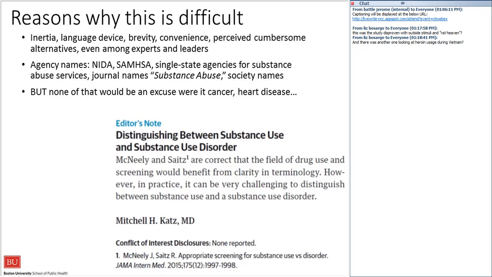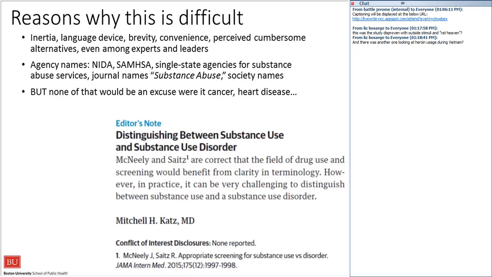And there are reasons why it's difficult to change the language that we use in this field. There is, of course, inertia. Sometimes we want to speak quickly and we use what's comfortable, and some of the alternatives may be perceived as cumbersome. And we've got agency names that aren't easy to change. They require an act of Congress, and I think, as we all know, Congress acting is not a simple thing.